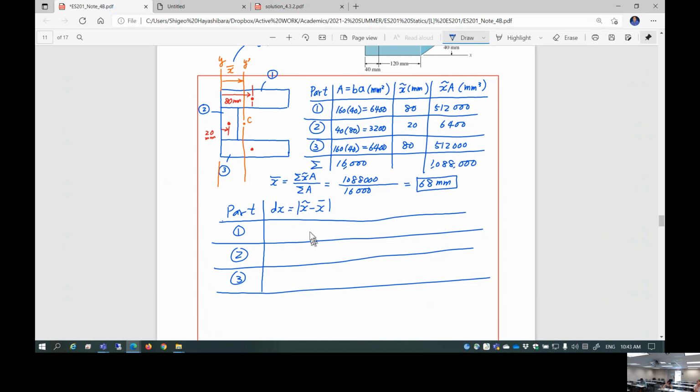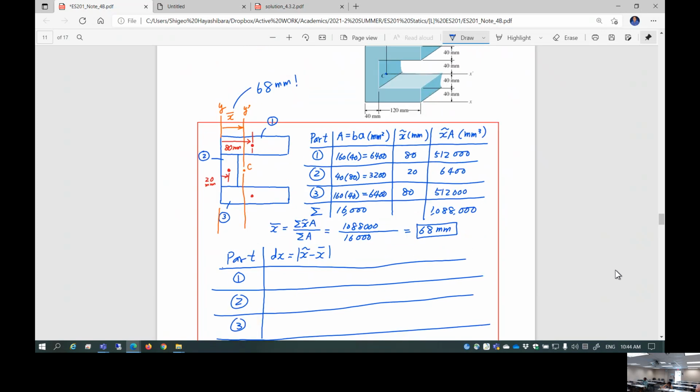Since I want to use the parallel axis theorem, I want to know dx first. We are going to do dx squared anyway, so negative or positive doesn't matter. I just want the difference between x tilde, which is for each of those parts, and x bar. x tilde is given. This is 80 millimeters for part 1. And of course I know x bar is 68.